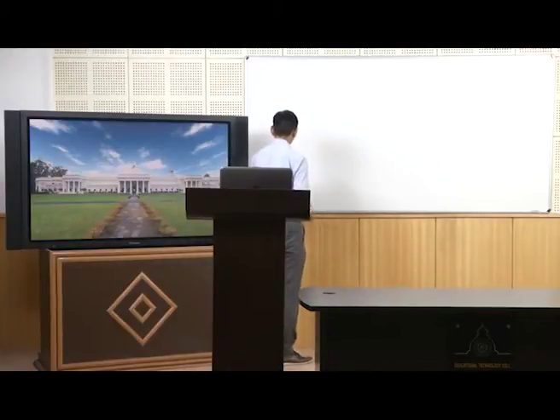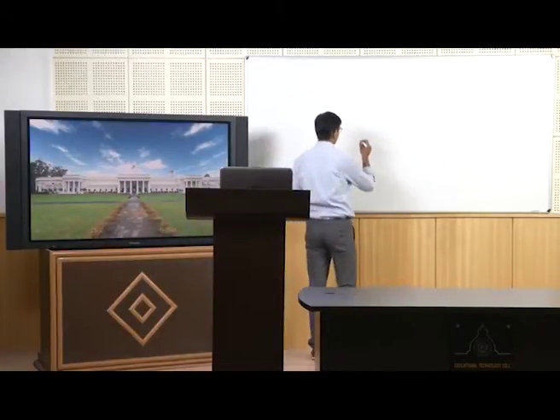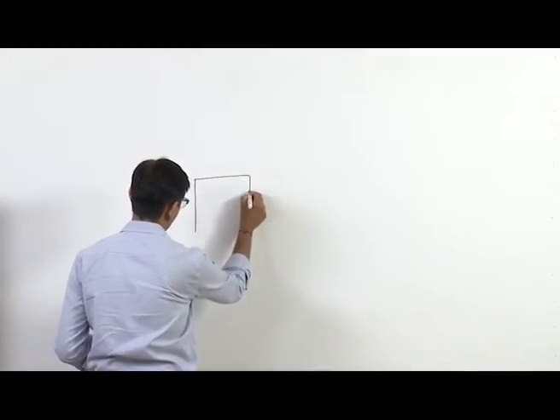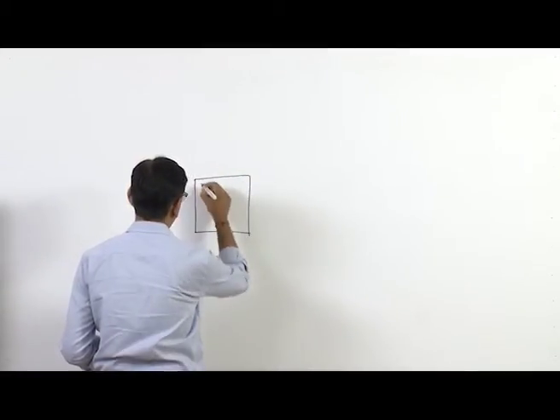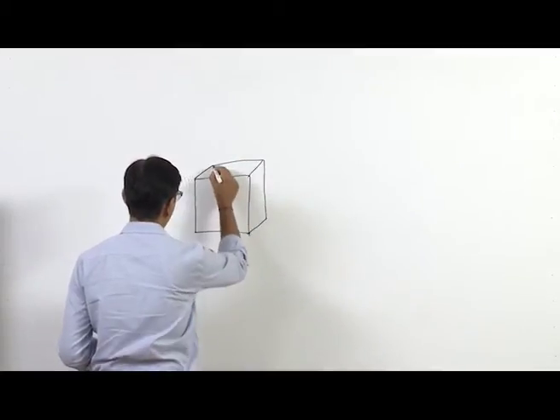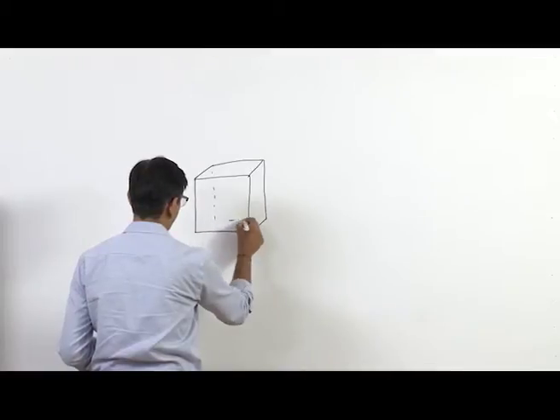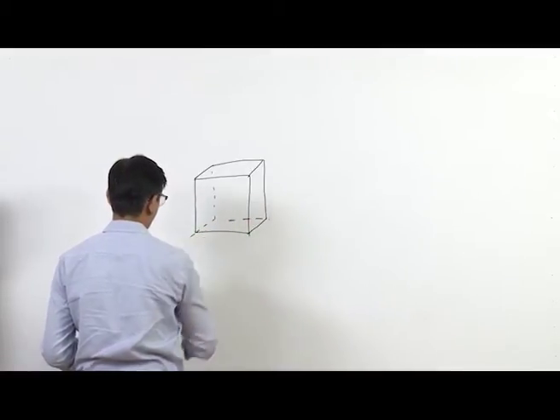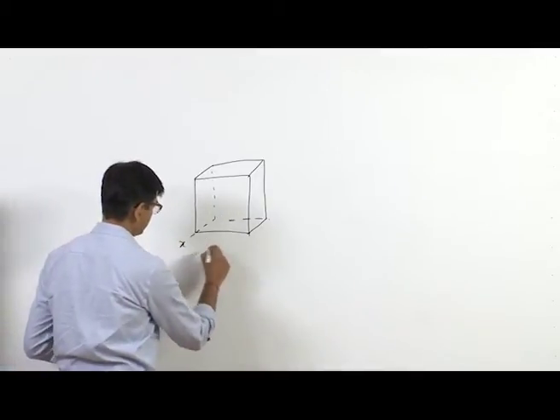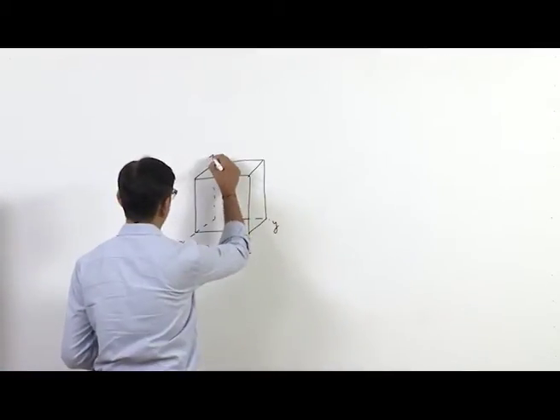To start with, for example, how to find out the direction. Let us say we will take a cubic crystal, a unit cell of a cubic crystal. Let us say this is the x direction, this is the y direction, this is the z direction.